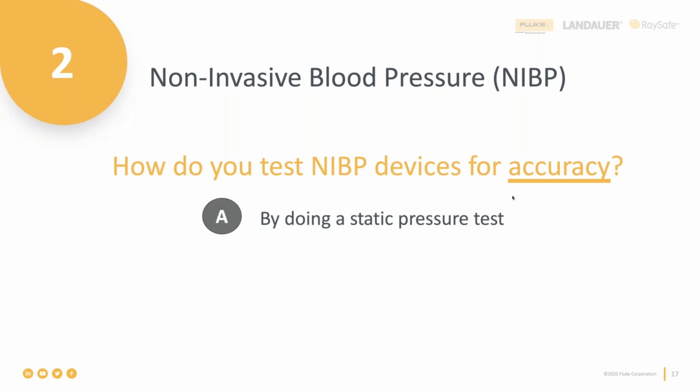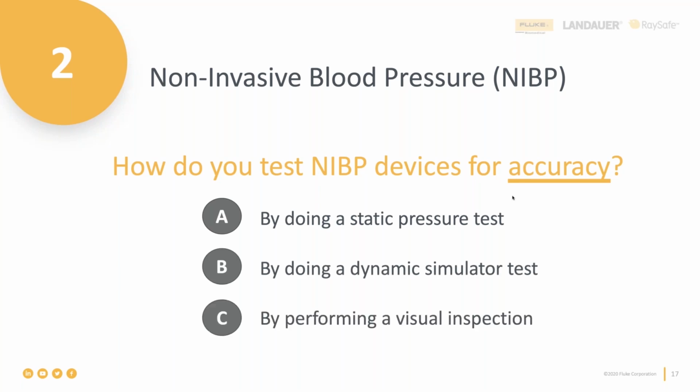You can test an NIBP device for accuracy by doing a static pressure test, by doing a dynamic simulator test, or by performing a visual inspection. Those would be the three options. Let me start a poll, and you will be able to check the response that you prefer.